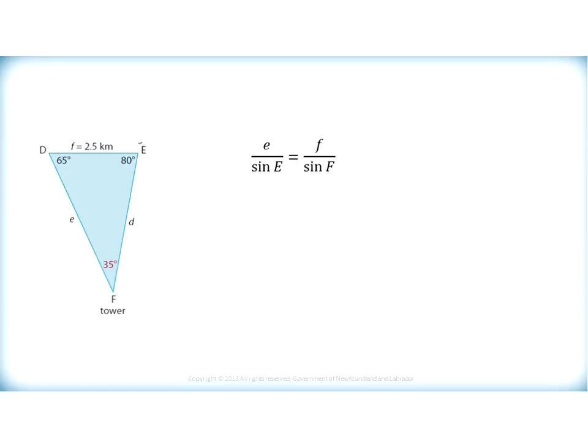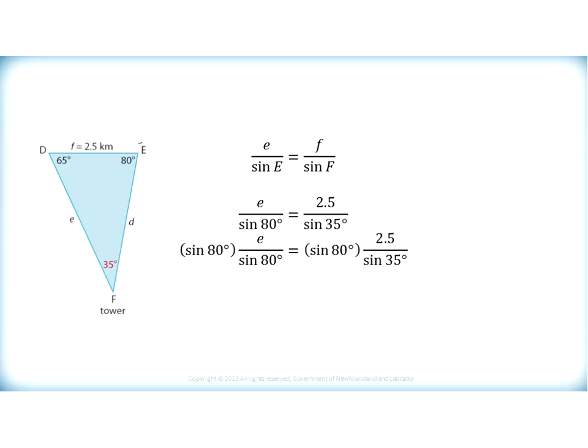Okay, so we're going to fill in the values we know into this ratio. We know that angle E is equal to 80 degrees. We know side F is equal to 2.5. And we know that angle F is equal to 35 degrees. Now what we want to do, again, is find E by itself. To do that, we multiply both the left-hand side of our equation and the right-hand side of our equation by sine 80.